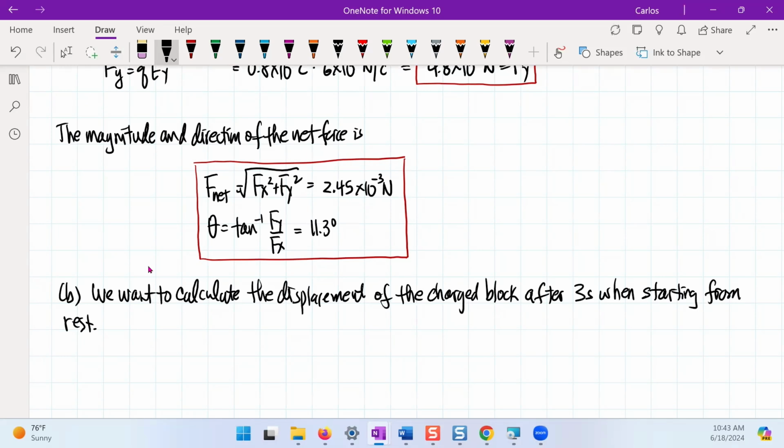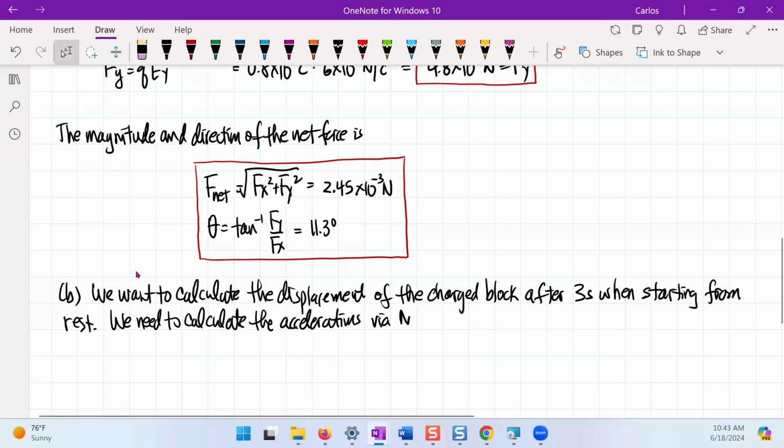In order to do so, we need to calculate the accelerations, because there's a net force acting on it.